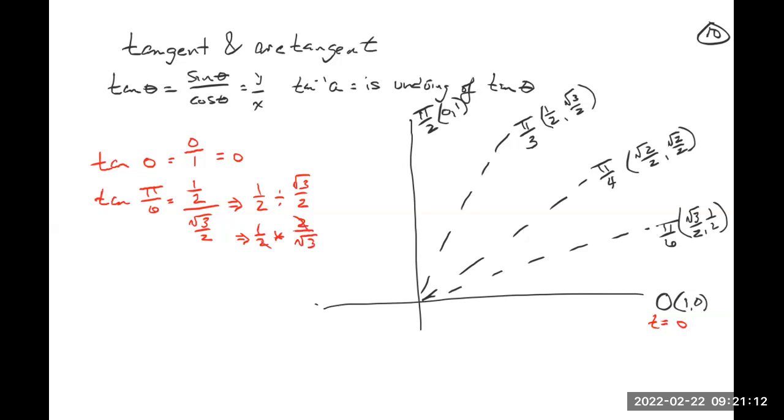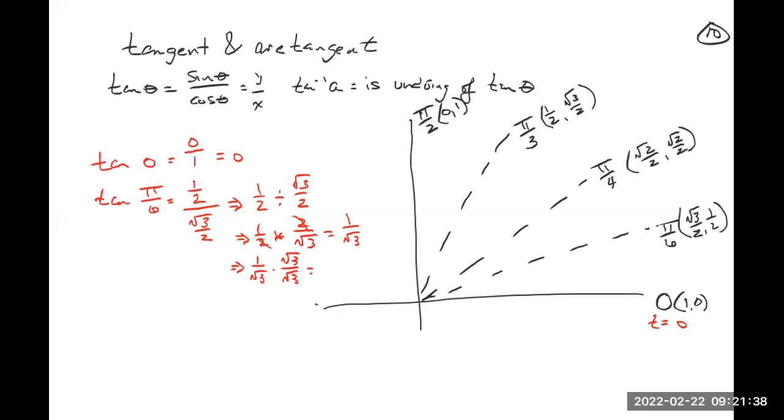And we can see that the 2 goes away top to bottom, leaving us with 1 over the square root of 3. But being good algebra students, we know that we are not allowed to leave it that way. So we say 1 over the square root of 3 times the number 1, so that we can get rid of that radical in the denominator.